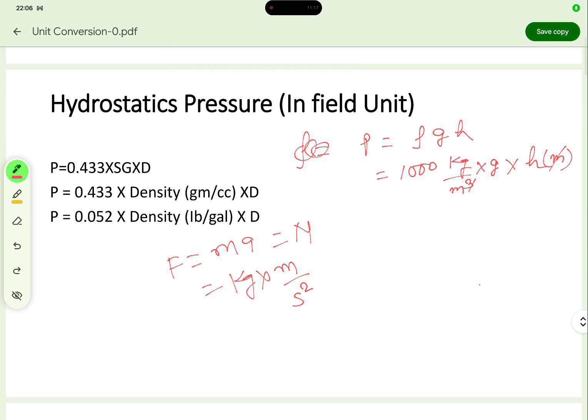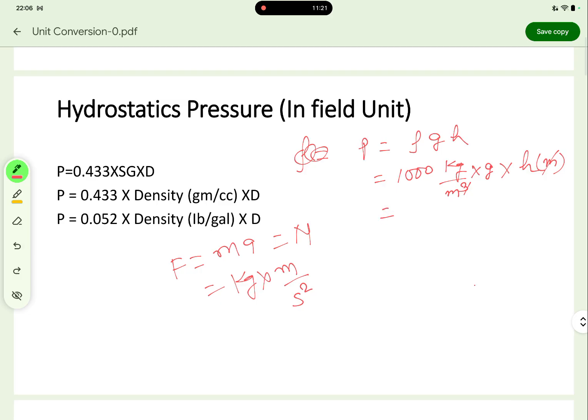Okay, the thing I need to remember is that I want to convert this unit into the field unit. We have to take care of that part also. So this is the 1000, right? And if you want to convert this thing in the lb into z, there will be 2.2.